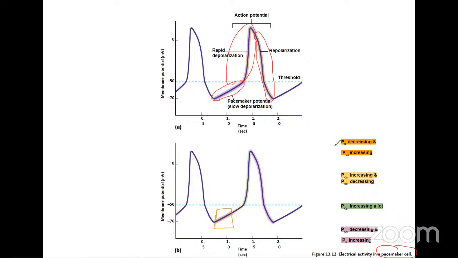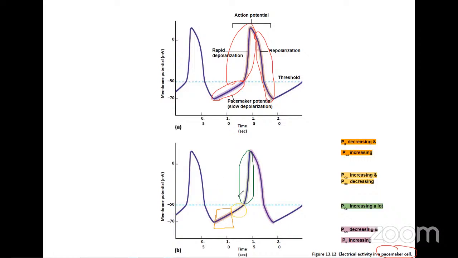And the permeability to potassium is decreasing, so potassium isn't escaping, it's getting stuck inside the cell, so also adding into that depolarization. But then what we see happening next is where we bring in our calcium, right? So this little bit of our depolarization is where we see our permeability to calcium starting to increase as we're turning off that permeability to sodium. And then we have a really rapid depolarization due to calcium rather than sodium.